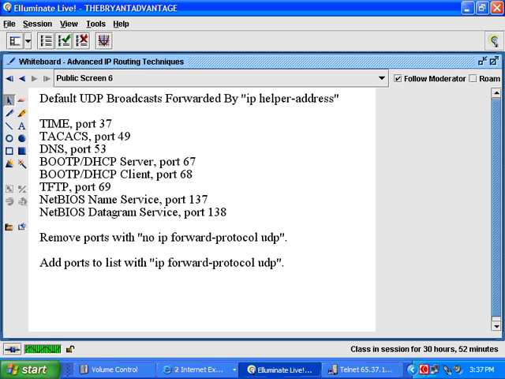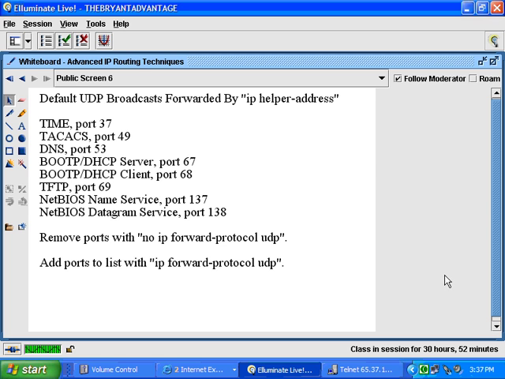We use that all the time to copy configs from one router to another, to upgrade IOS images. We use that regularly. The NetBIOS name service and the NetBIOS datagram service. I would know the names and the ports in that list.